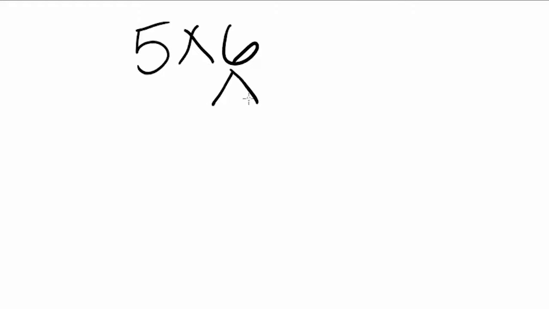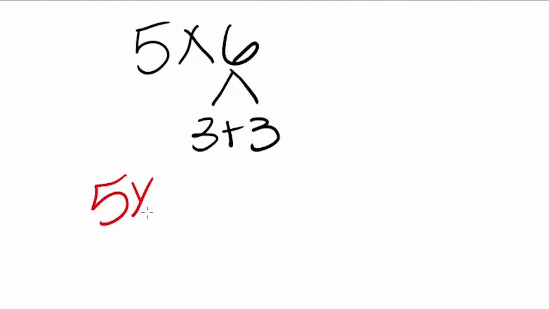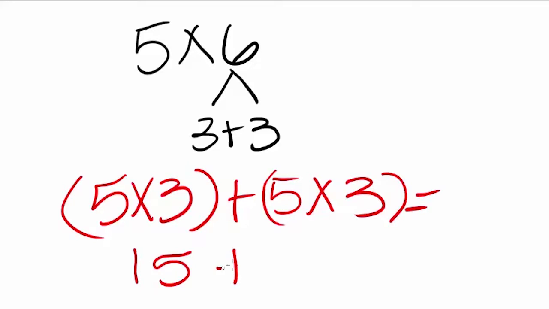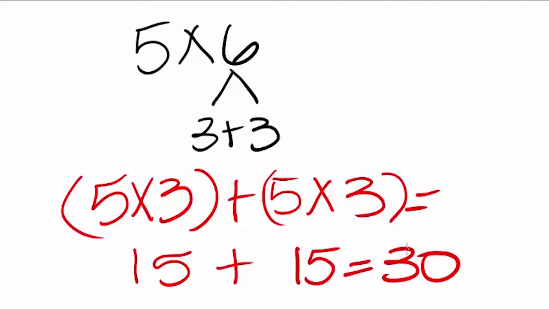Another example might be using halving and doubling. If I have 5 times 6, but this time I divide it into 3 plus 3, then I distribute my 5 times 3 plus 5 times 3, which gives me the double of 15 plus 15, which again equals 30.